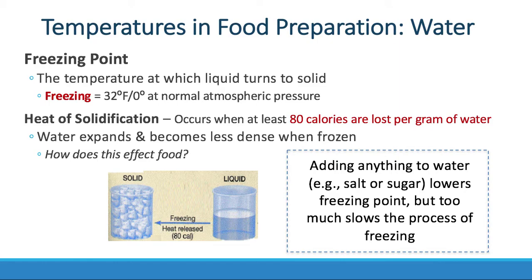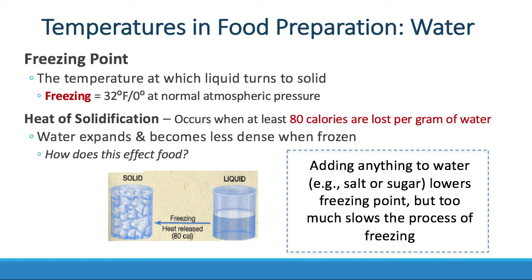When we're thinking of food, for example, we might think of different molds that we make ice or popsicles out of. They're generally pliable rubber molds, and they have some give to them so that as whatever we're trying to freeze freezes and it expands, the mold is able to expand as well.